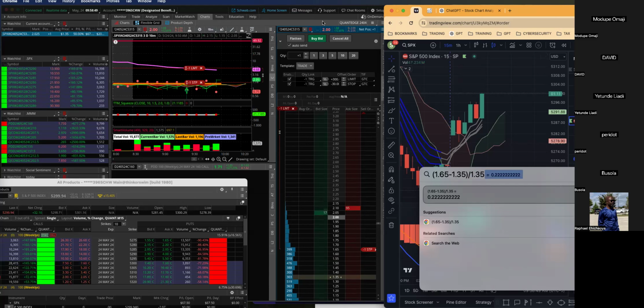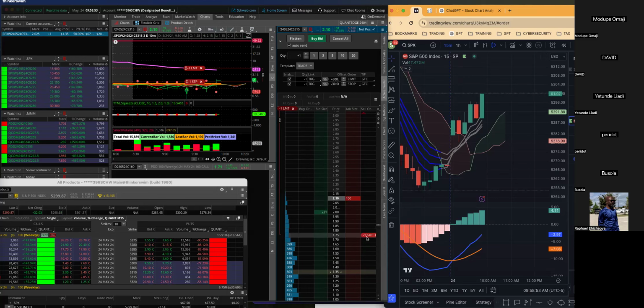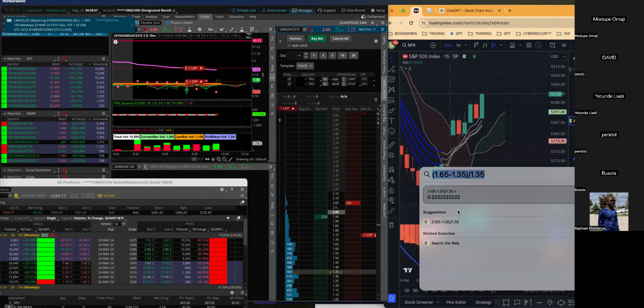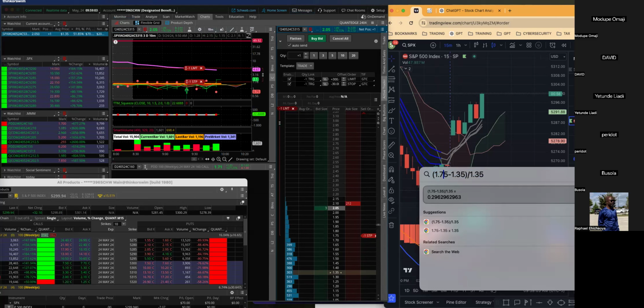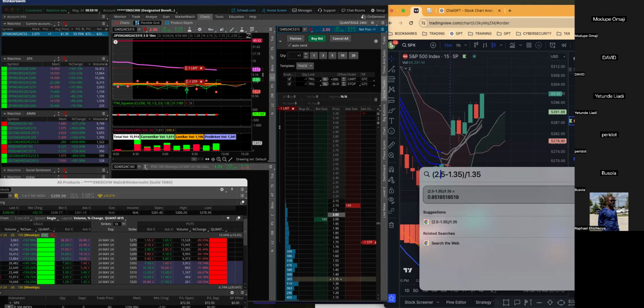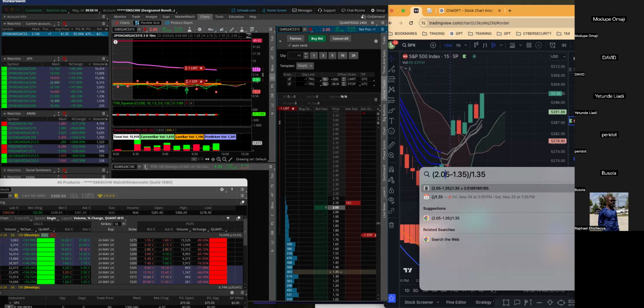Now the price has gone up to $2. So I'll move it another 10 cents. If I sell it at 1.75, that's 29% profit. What if I sell it at $2? That is 51% profit, right?